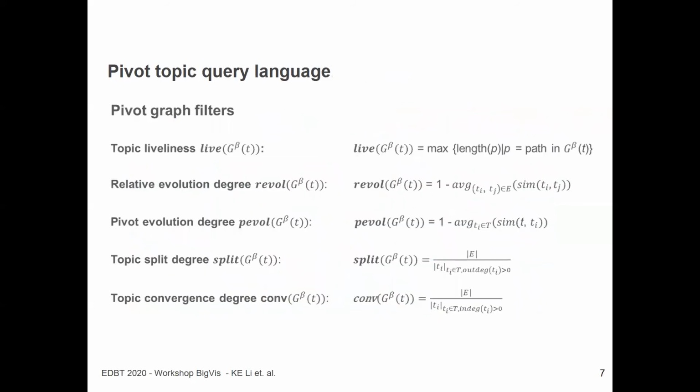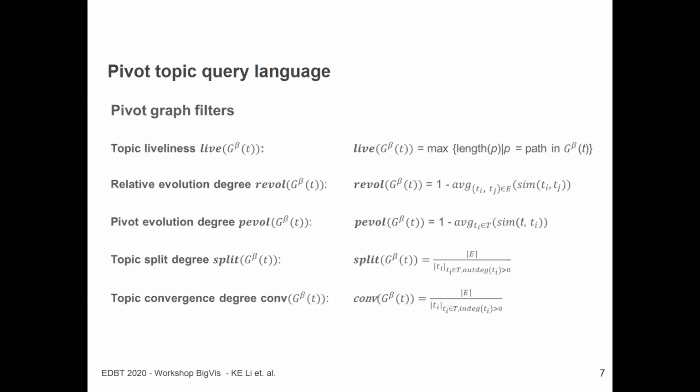How to find interesting evolution patterns? Except the labels of pivot topics, we also propose some metrics which characterize pivot topics with respect to their subgraphs. For example, the liveliness means the path length from the pivot topic to the end topic of the subgraph.